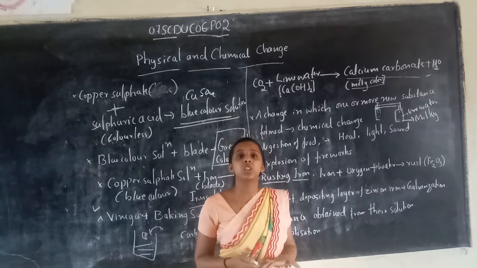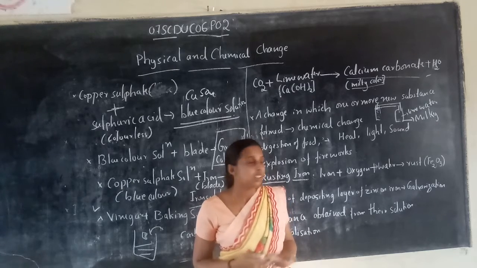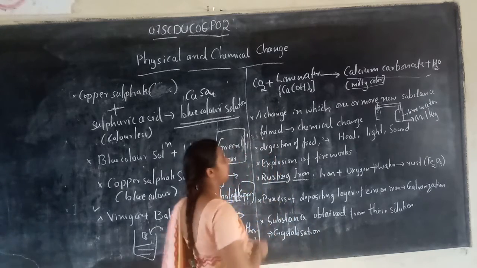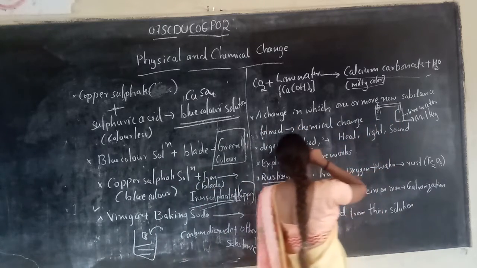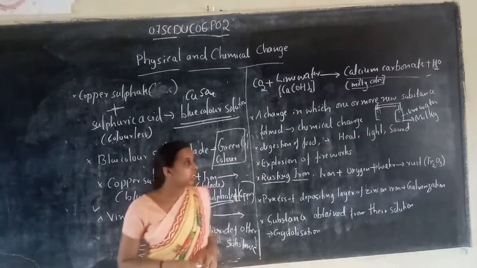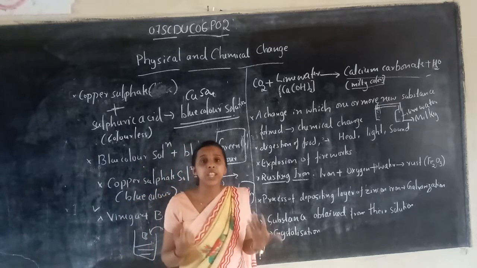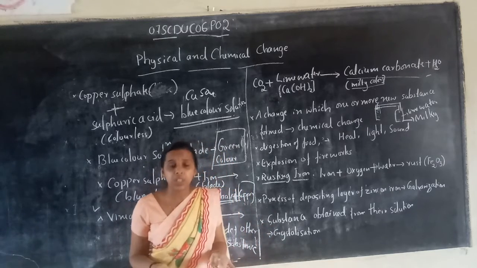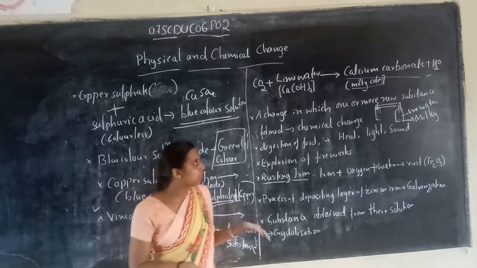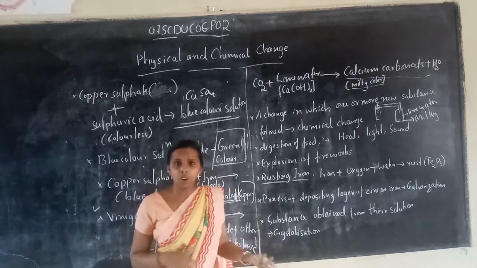Then what is the definition of chemical change? Chemical change means a change in which one or more new substances are formed.